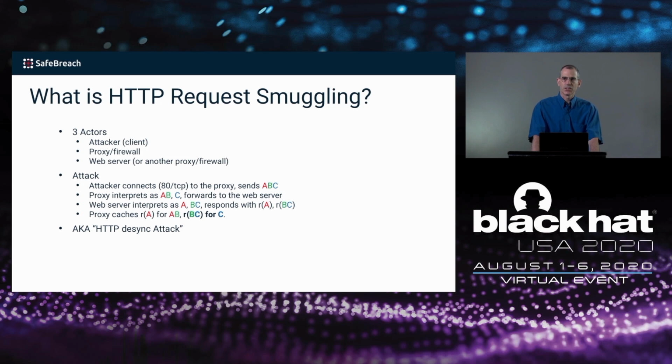And the proxy then caches for AB the response that the web server provided for A. And more importantly, the proxy caches for C the response that the web server generated for the messages BC. And that latter part is exactly where HTTP request smuggling takes effect and ends up in web cache poisoning in this example. The HTTP request smuggling attack is also called the HTTP Desyncing attack per James Kettle's recent research.